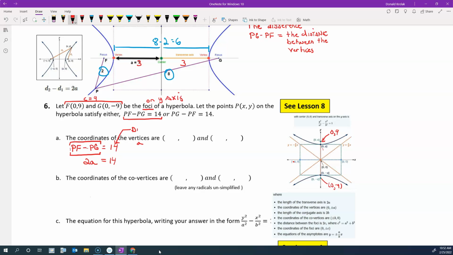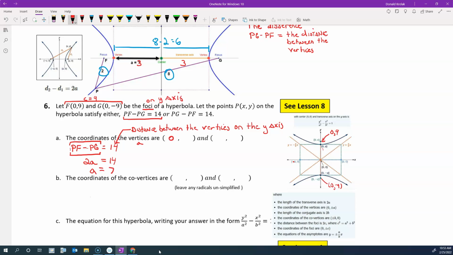That 14 is the distance between the two vertices, and these vertices are on the y-axis. So that means A's got to be 7.